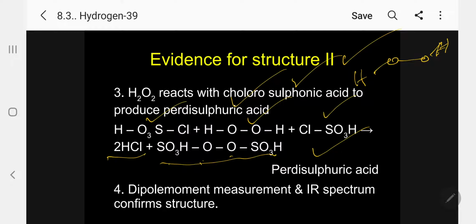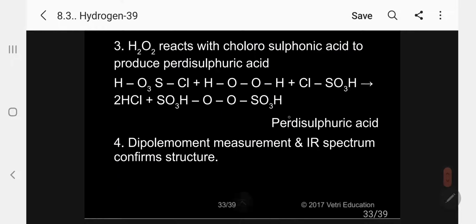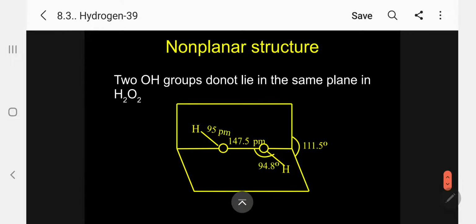Then dipole moment measurement and IR spectrum confirm structure 2. Now, non-planar structure. This is not a planar structure. 2 OH groups do not lie in the same plane. One is above the plane, another is below the plane, whereas HOO is on the same plane.